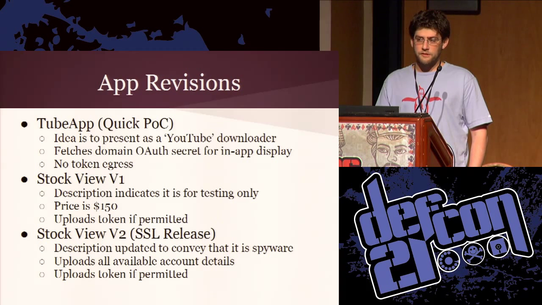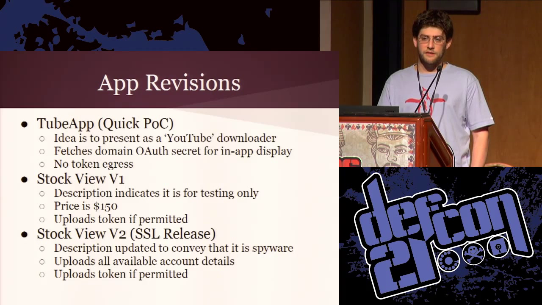So in the next release, I added SSL support because I really didn't like having my tokens go over in plain text, but I also updated the description in Google Play to make it much more blatant that this app is doing bad things.